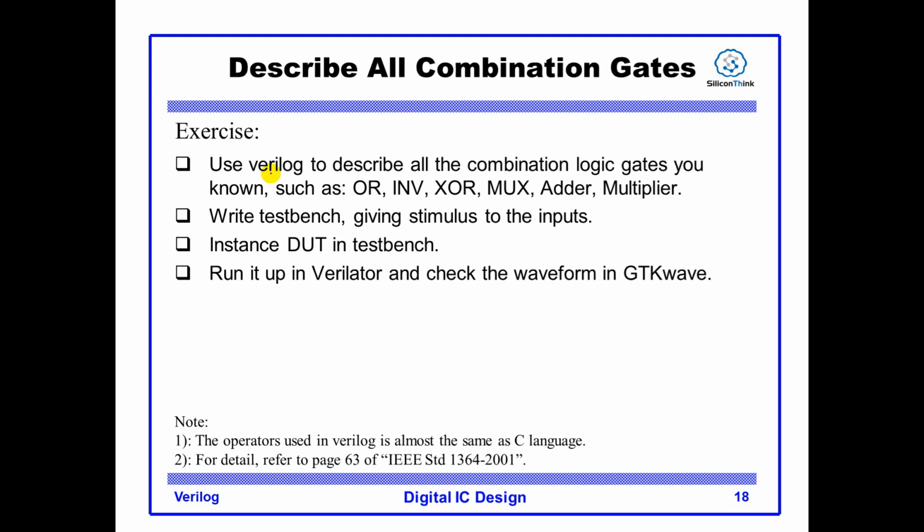Can you write a Verilog module to include all the operations? You can define many signals inside the module, or many output signals, and write a testbench to give some stimulus to the inputs of the DUT. Then instantiate the DUT in the testbench, run it in Verilator, and check the waveform in GTKWave.